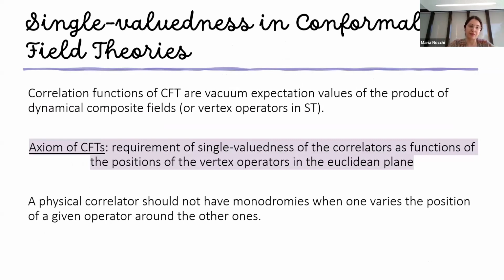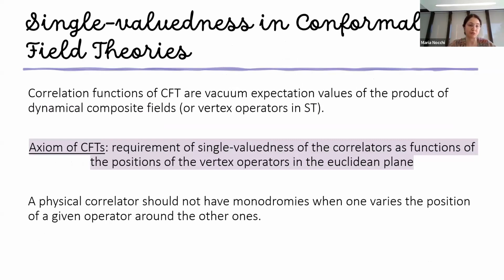So that was single valuedness from a number theoretical point of view, but where is the physics? And here we reported an example in conformal field theories that at the end of the day are intrinsically related to string theory. The correlation function in CFT is a vacuum expectation value of the product of dynamical composite fields, or if you prefer, vertex operators in string theory.